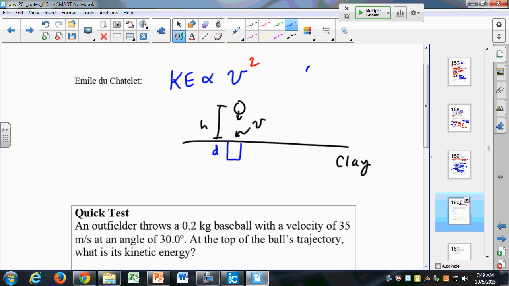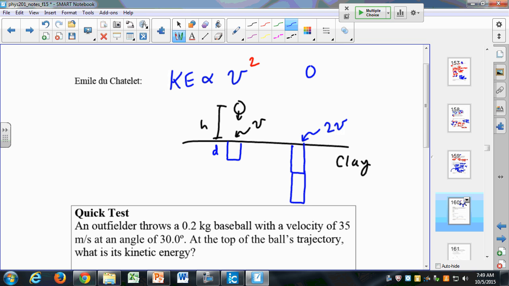And then she would drop it from a greater height so that when it reached the bottom, it would have twice the velocity. And how deep do you think the ball went then? It went 4 times as deep, right? So if kinetic energy were proportional to the velocity, you would expect it to go just twice as deep.